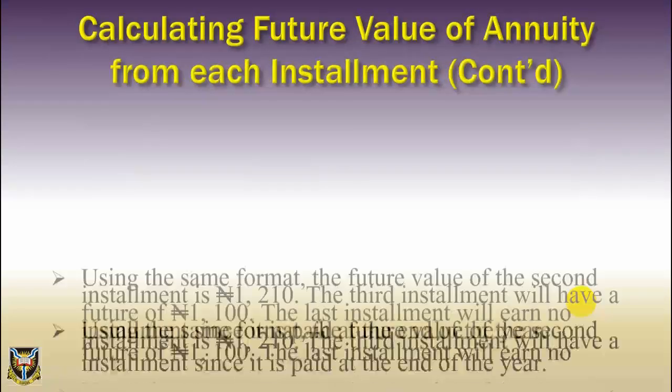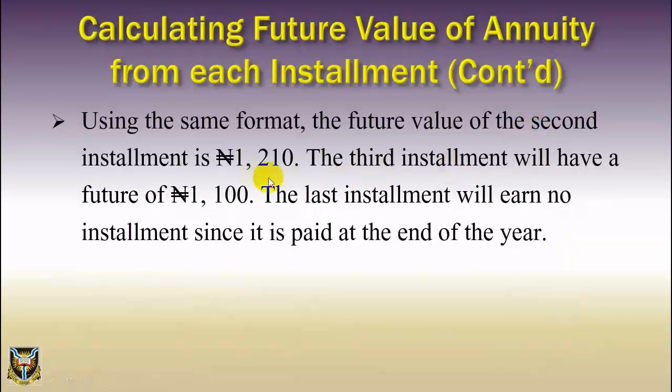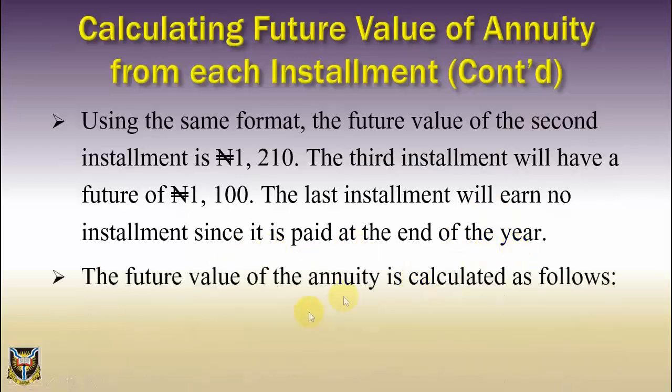Using the same format, the future value of the second installment is 1,210 naira. The third installment will have a future value of 1,100. The last installment will earn no interest since it is paid at the end of the year. The future value of the annuity is calculated as follows.